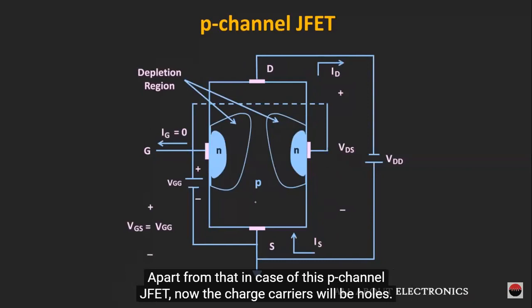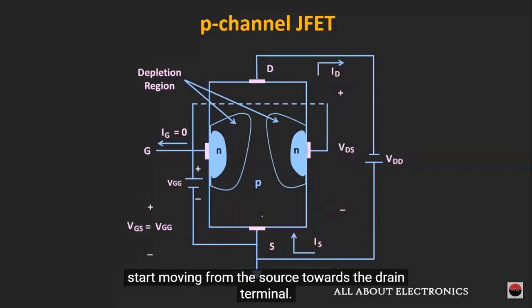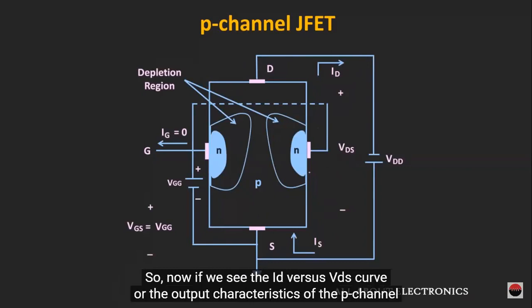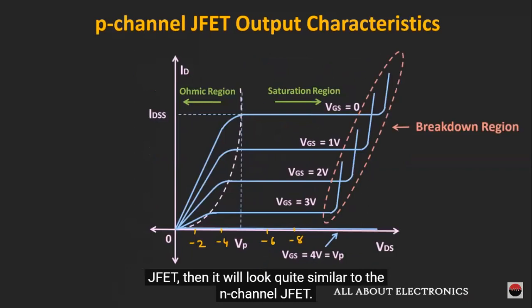Apart from that, in the P-channel JFET, the charge carriers will be holes. And when we apply the voltage between the drain and the source terminal, they will start moving from the source towards the drain terminal. Now if we see the ID versus VDS curve, or the output characteristic of the P-channel JFET, it will look quite similar to the N-channel JFET.